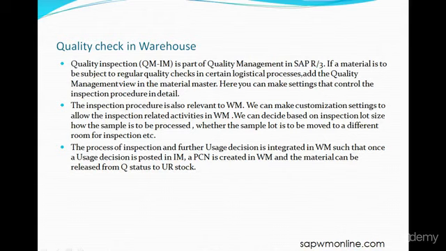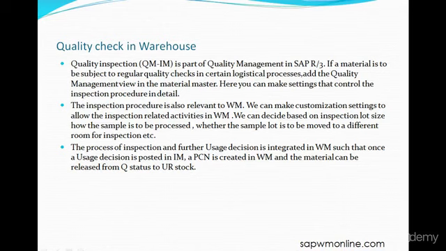So in your integration with WM, you can decide how you would want to proceed with the goods receipt or the inbound of the material which is subject to quality management. We can decide based on inspection lot size how the sample is to be processed, whether the sample lot is to be moved to a different room for inspection, etc.